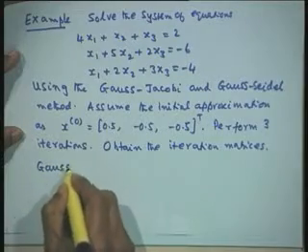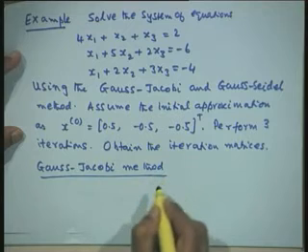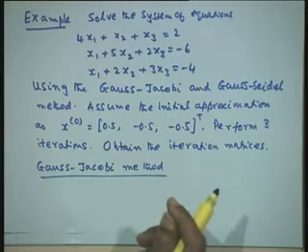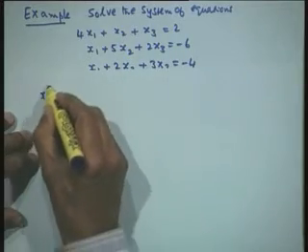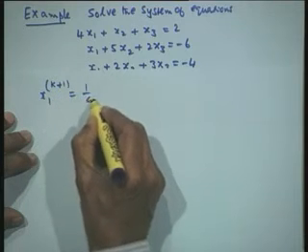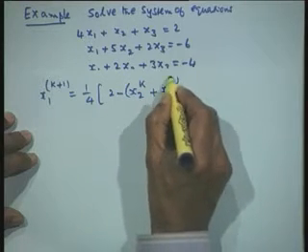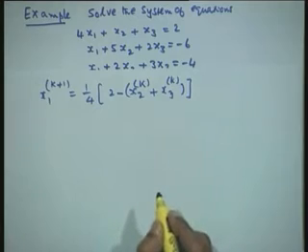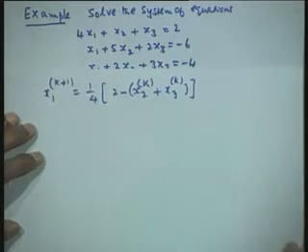Now, let us write down first the Gauss Jacobi method. In the Gauss Jacobi we take the 2 variables to the right hand side and write x 1 k plus 1 is 1 upon 4 times 2 minus x 2 k plus x 3 k. x 2 and x 3 are taken to the right hand side, the previous iterate, and on the left hand side we have the current iterate.